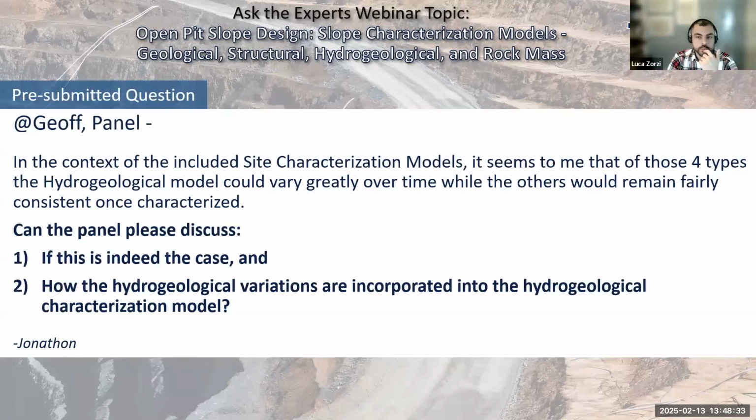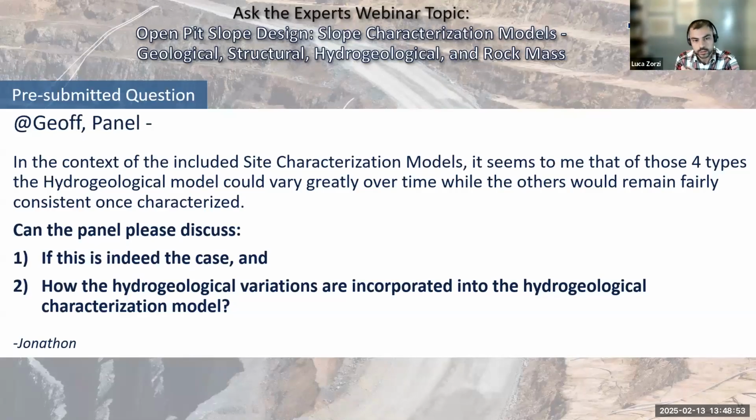Luca? Yeah, no, just to highlight what Scott hinted with the continuity length and geometrical patterns between structures as well. As we have more exposures, we might start seeing more connectivity or not, as assumed in previous stages, even during operations.